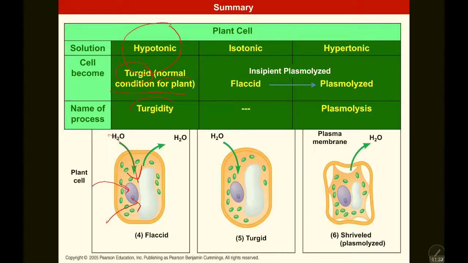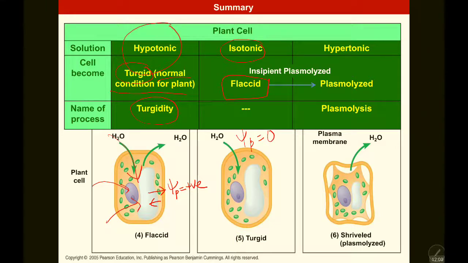The process is known as turgidity. In this condition, the pressure potential is a positive value because the cell presses against the cell wall and the cell wall pushes back. If the plant cell is in isotonic solution, the cell becomes flaccid. Remember flaccid: the pressure potential is 0.